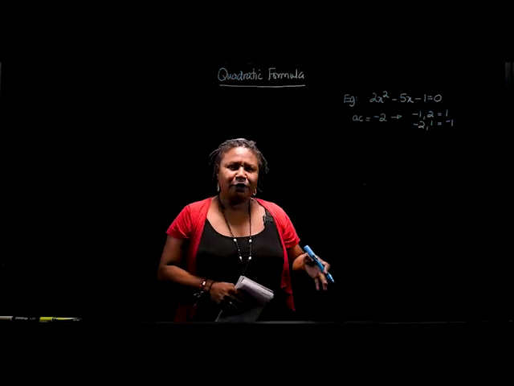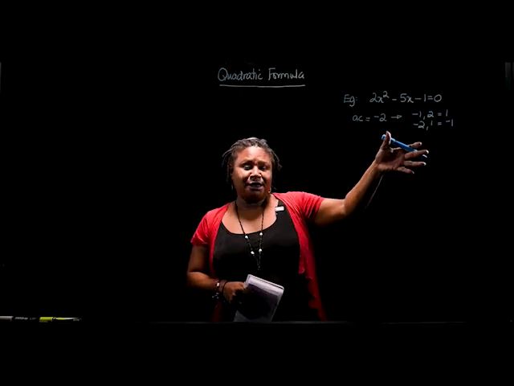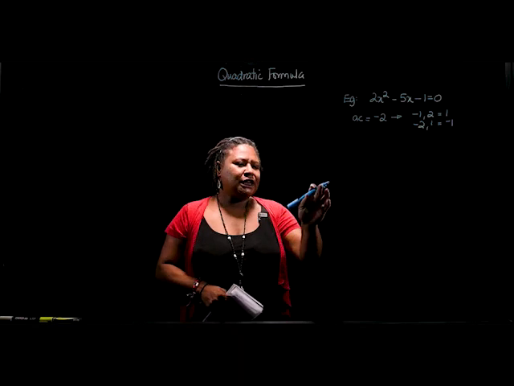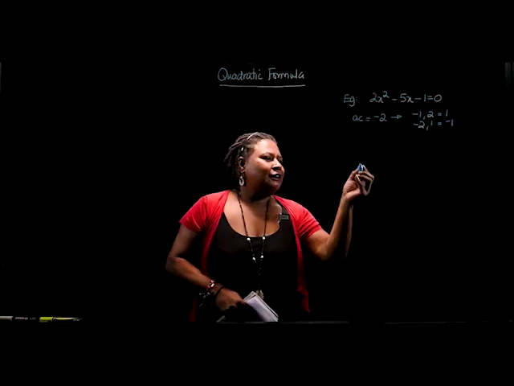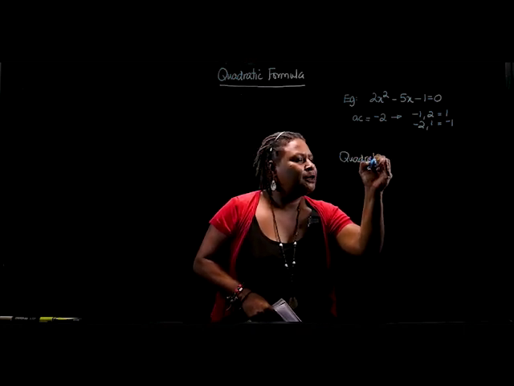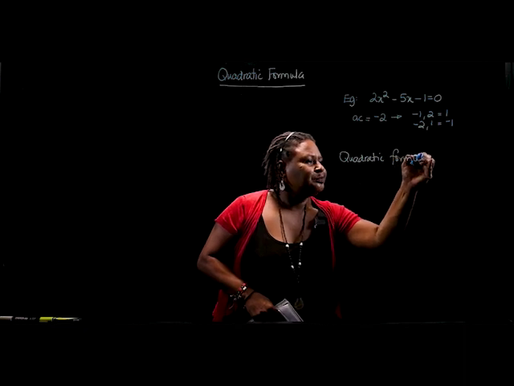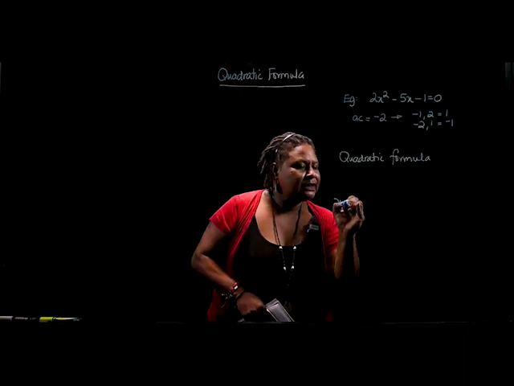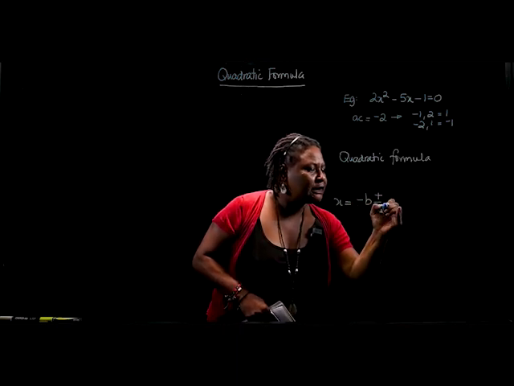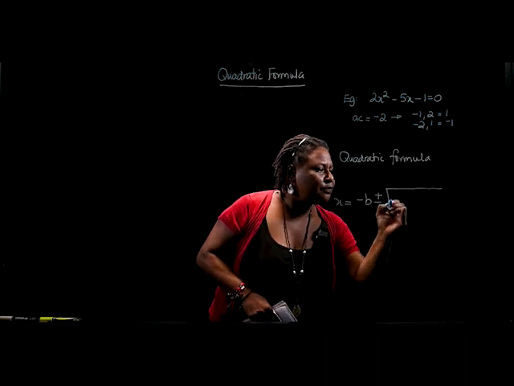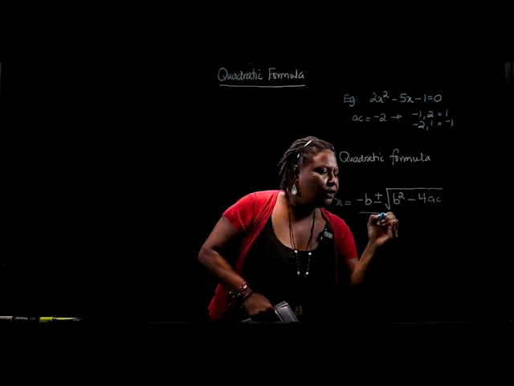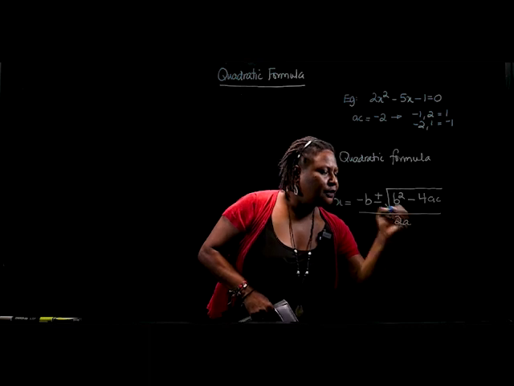So what do we do when we are faced with a situation like this? We now apply the quadratic formula. What does the quadratic formula look like? The quadratic formula is x equal to negative b plus or minus the square root of b squared minus 4ac, all divided by 2a.